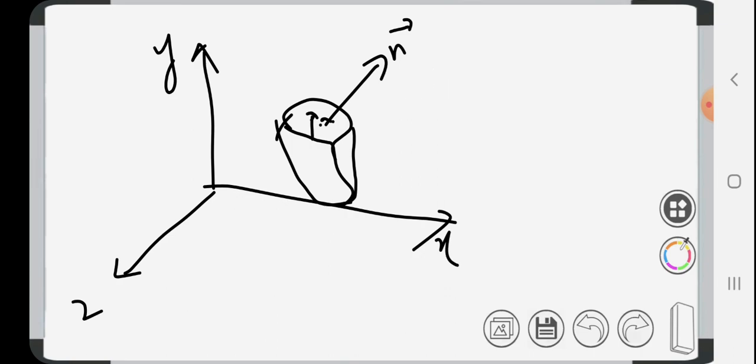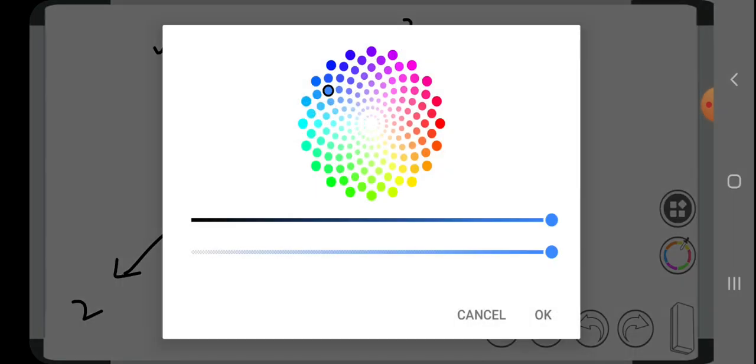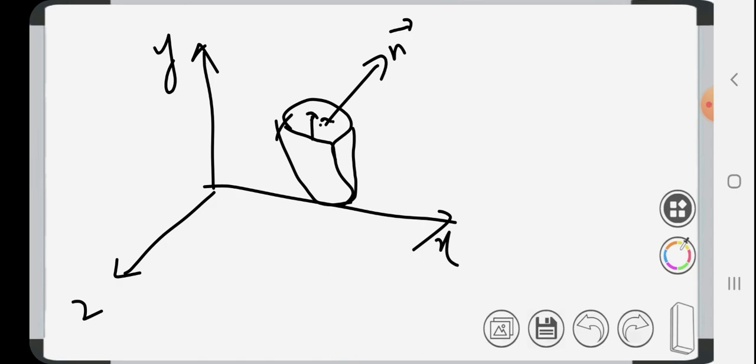What does it mean? The n vector and t vector coincide. There may be some planes on which the resultant stress or stress vector is wholly normal, completely normal.